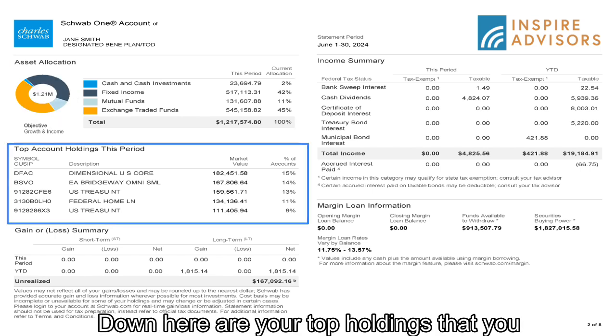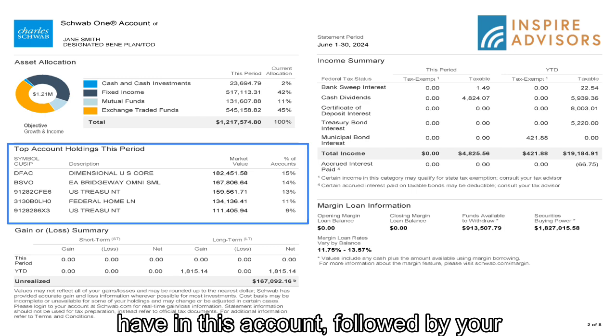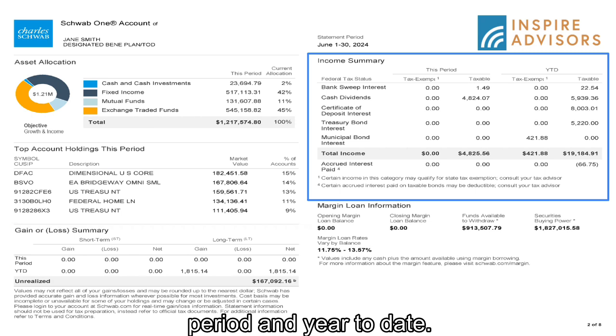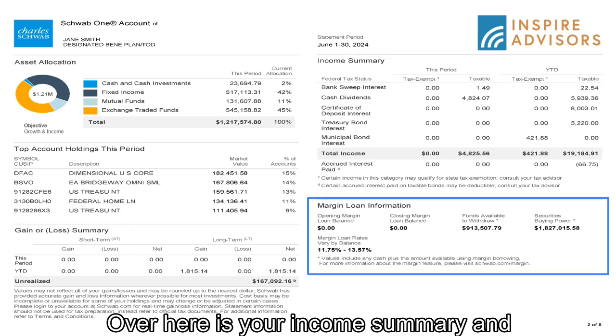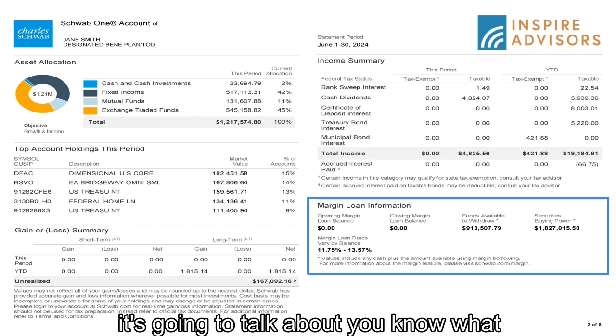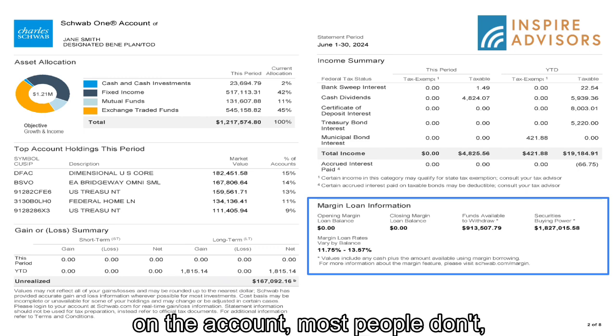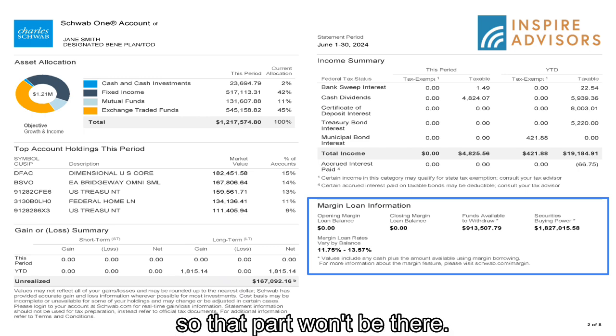Down here are your top holdings that you have in this account, followed by your gains and losses for the period and year to date. Over here is your income summary, and it's going to talk about what you have in there that's earning income. And then here is your margin loan information if you have a margin loan on the account. Most people don't, so that part won't be there.